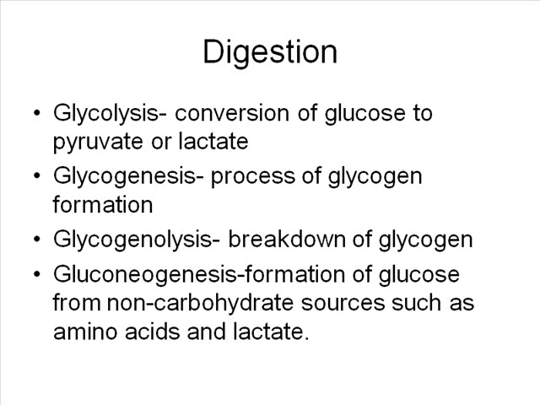Some of the terms that we should remember: glycolysis, conversion of glucose to pyruvate or lactate; glucogenesis, process of glycogen formation; glucogenolysis, breakdown of glycogen; gluconeogenesis is the formation of glucose from non-carbohydrate sources.